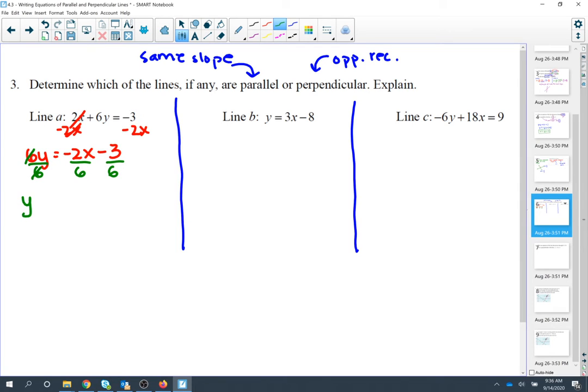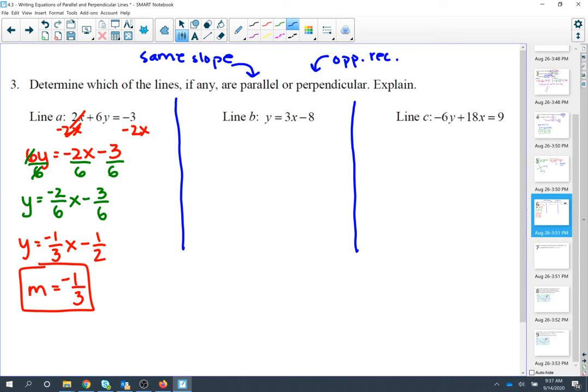So y equals negative 2/6 x minus 3/6. And then I'm going to go through and simplify. So y equals negative 1/3 x minus 1/2. So I know my slope on this guy is negative 1/3. Let's just keep track of that for now.